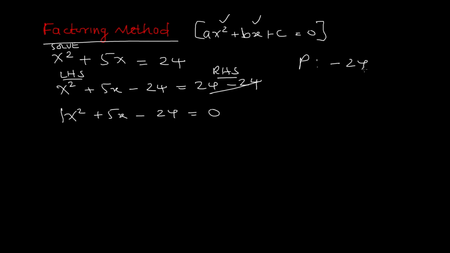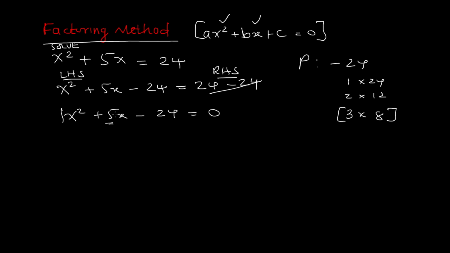I'll ignore the negative sign first, so I'll look at the factors. 1 times 24, 2 times 12, 3 times 8. I can go to 4 times 6, but already I can see that the only one that gives me a chance to make a 5 is this.